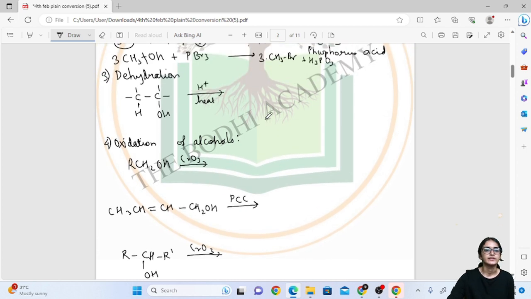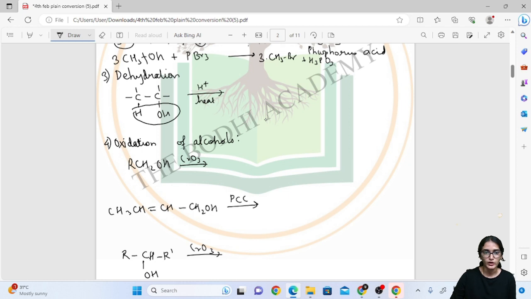Next is dehydration. In dehydration also we can see that the CO bond is breaking. If you take an alcohol and react it in the presence of acid and heat, there will be dehydration, which means a loss of a water molecule. So H2O will be lost here.